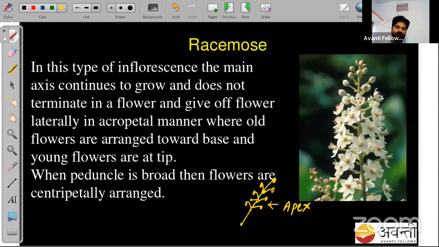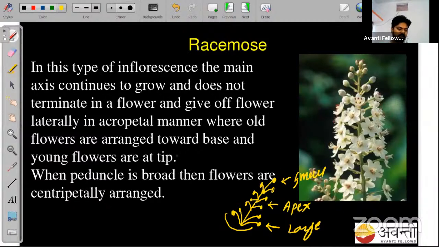In acropetal, the old flowers are on the basal side and the apex side has the smaller, younger ones. So the apex side is the small side compared to the basal side, which is the large side. That is the meaning of acropetal.